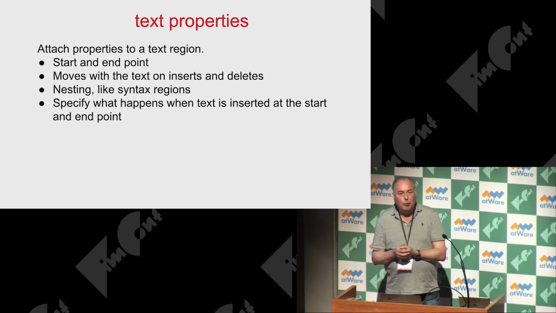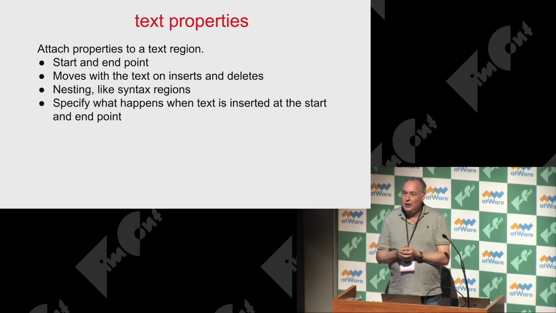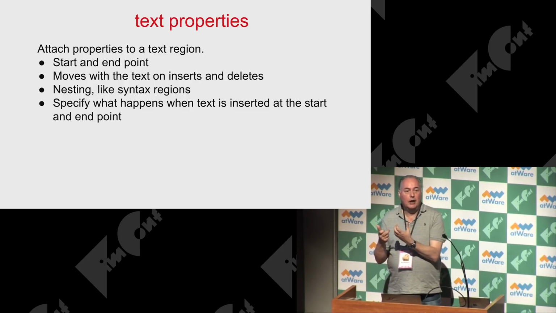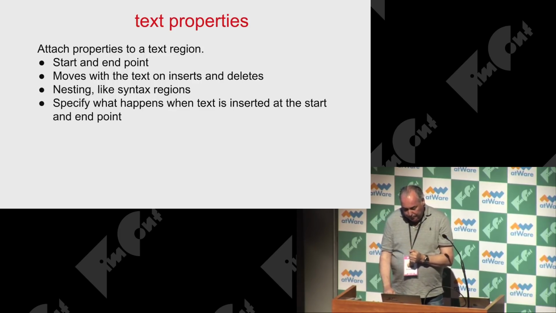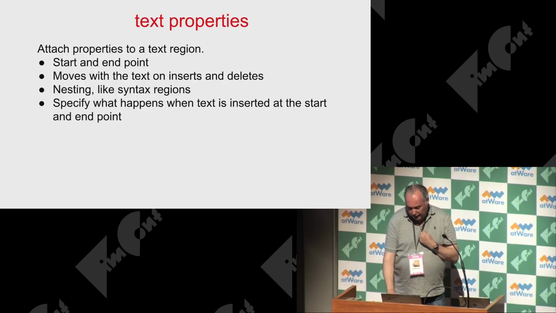I think it's also important to make it possible to nest them. Just like with syntax highlighting, you can have certain areas inside other areas. So you can define this is a function, and inside a function you can say this is a command. You need some specific flags to define what happens if you insert text just before or just after that area.